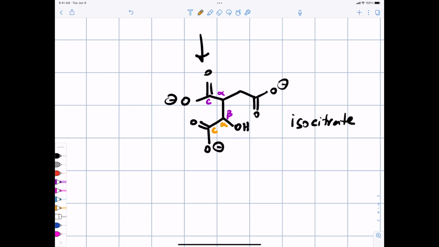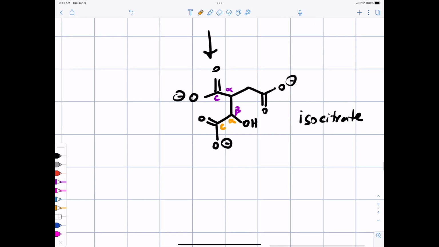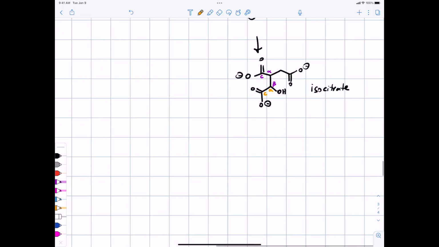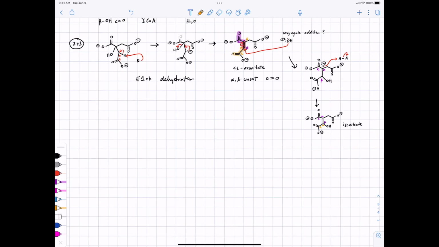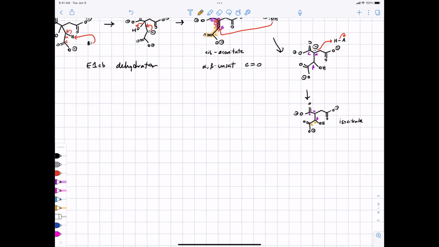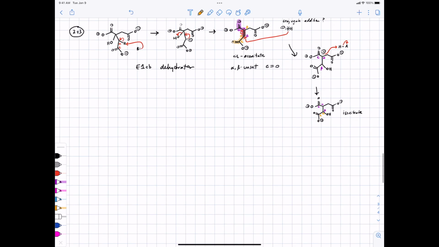Guess what we're going to do next? Before we can decarboxylate, we need that OH group to be what? A ketone. So, it makes sense that the next step is going to be oxidation of isocitrate such that that alpha and beta hydroxy group become a ketone.